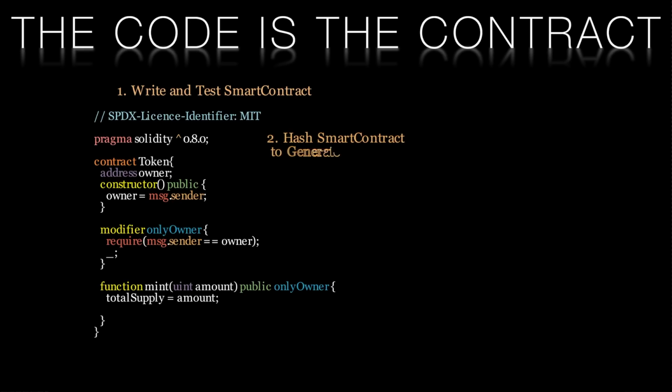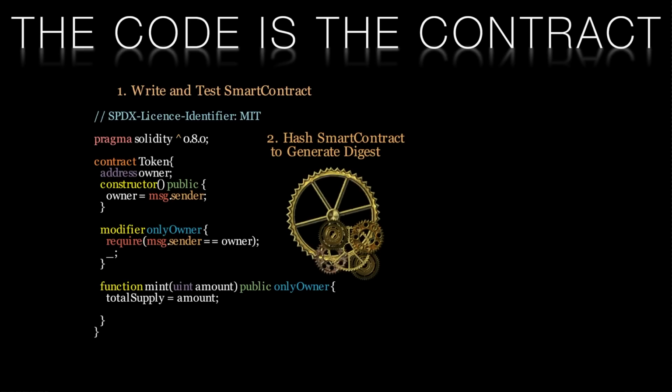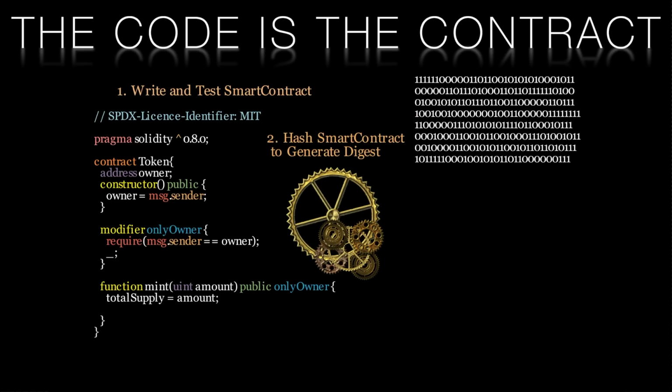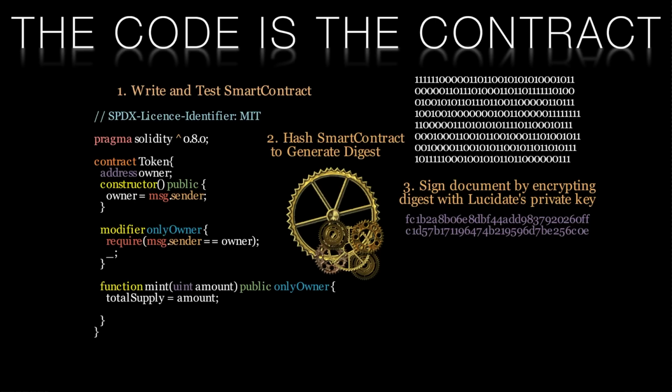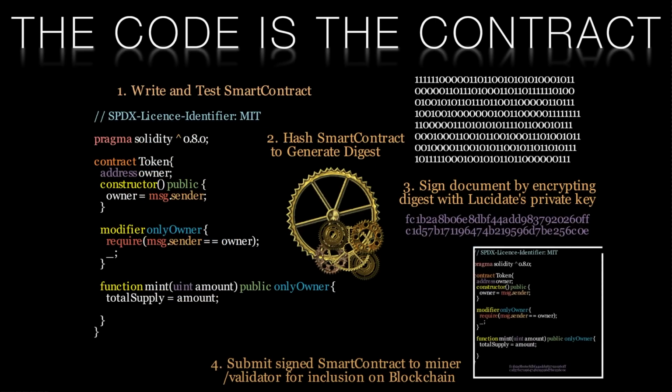The Solidity code was put through a hashing function to generate its digest. This digest was encrypted with one of Lucidate's private keys to form a digital signature. The contract and the signature were submitted to the blockchain where they were verified. Once verified, this smart contract has a unique address on the Ethereum blockchain.